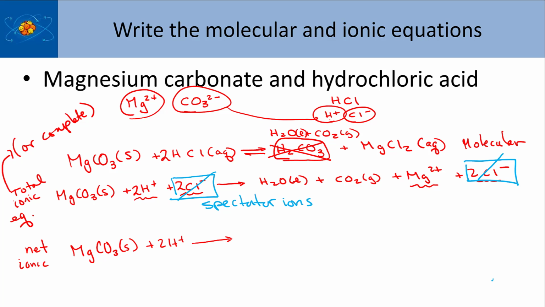And again, when you're writing these, what you really are writing is the stuff in the reaction that actually changed and underwent a chemical reaction. The spectator ions themselves are not actually changing, so they really are not part of the reaction. And again, I have these aqueous ions that I'll underline, and that's my net ionic equation.